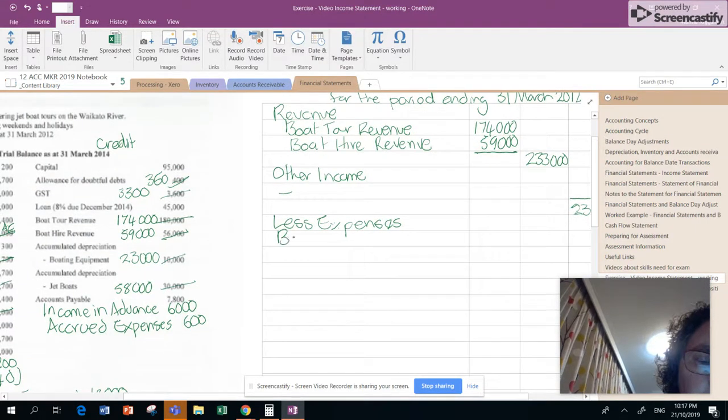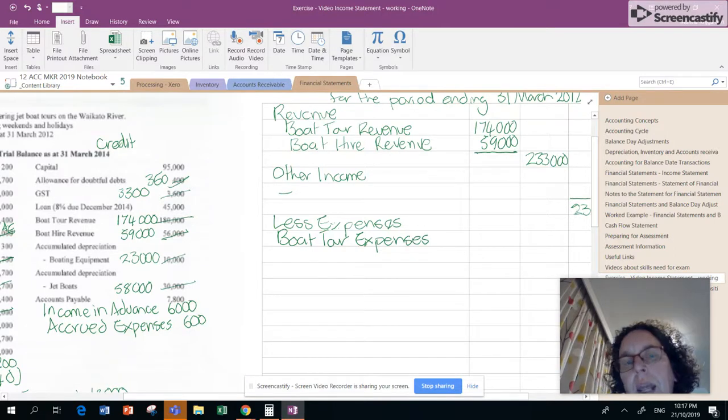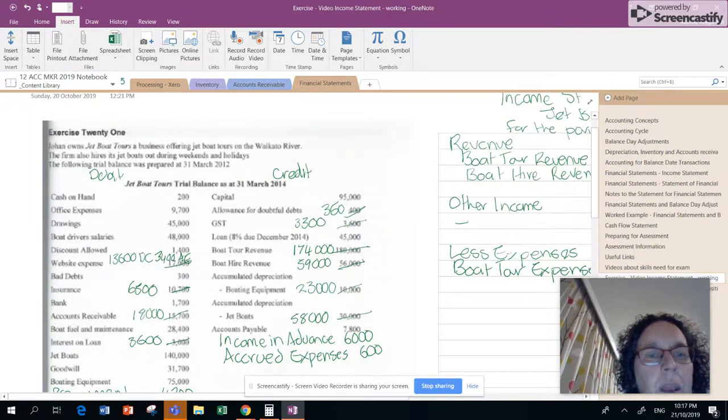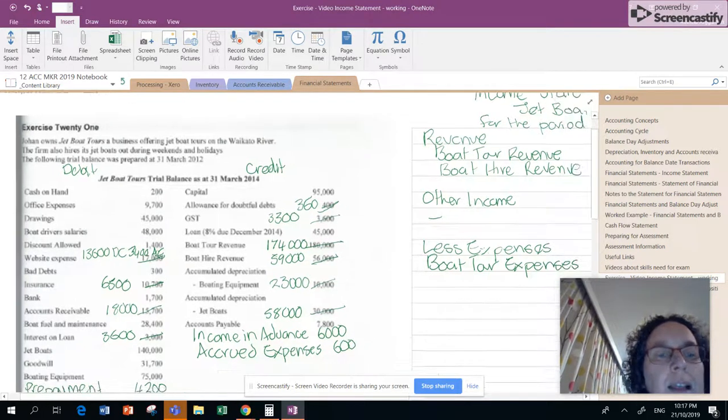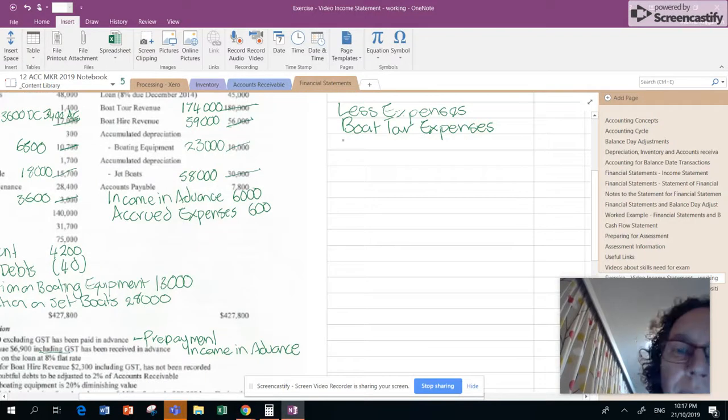boat tour expenses, which is going to be our first group of expenses. So these are going to be anything that's related to doing the boat tour. Cash on hand is a current asset, so we're not going to use that. Office expenses is administrative. Drawings relates to our owner, so we're not going to use that. But we've got our boat drivers' salaries of 48,000.